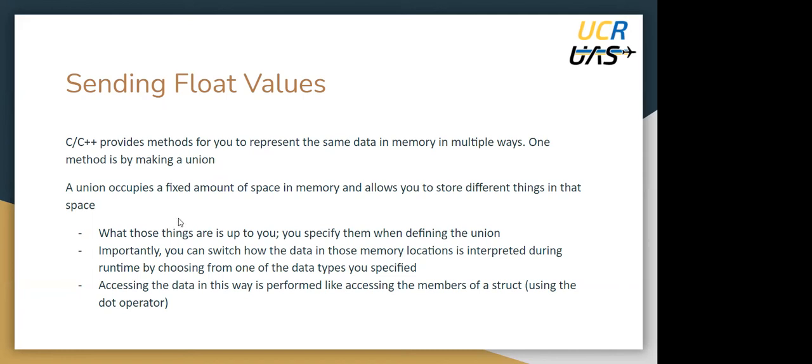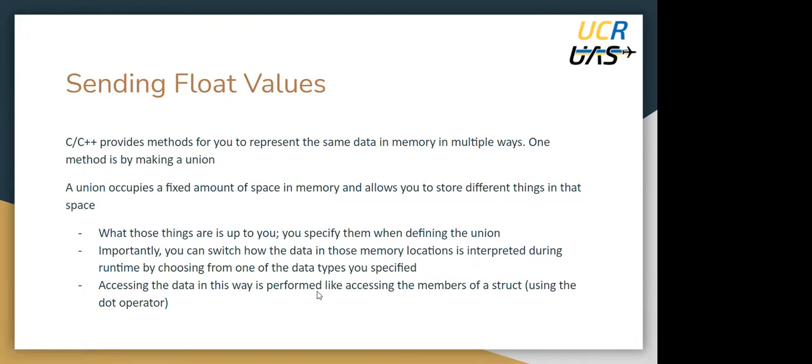What those things are is up to you, because you specify them when defining the union. The important thing is that you can switch how the data in that location in memory is interpreted during runtime by choosing from one of the data types you specified.